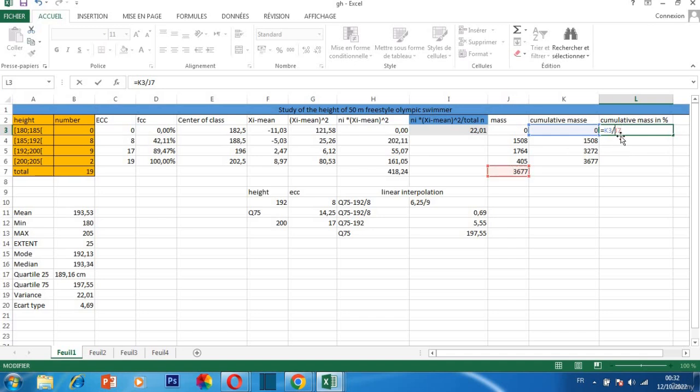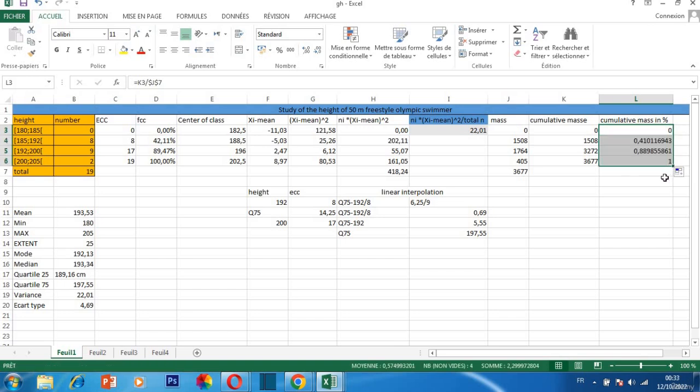To fix the G7, we're going to put a dollar sign here and a dollar sign here. We generate that. We took only 2 after the point. That's it.